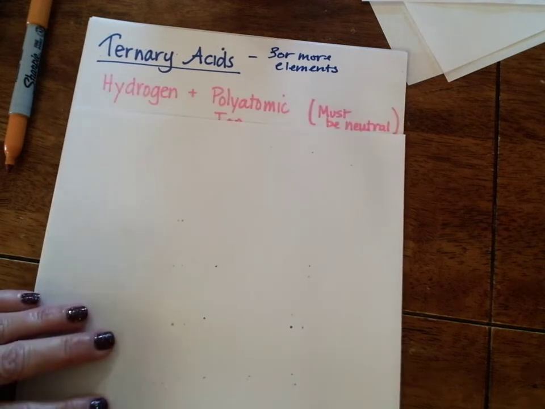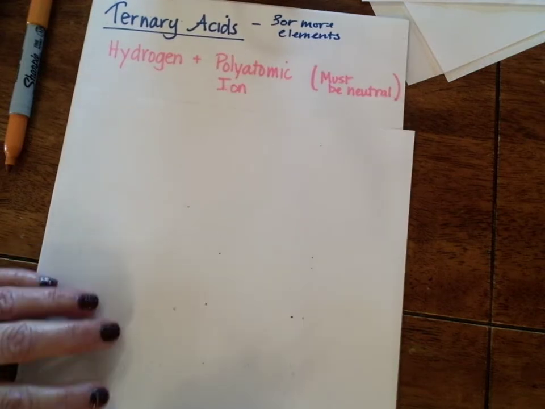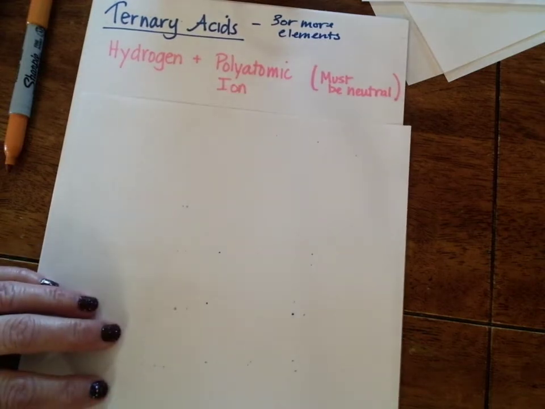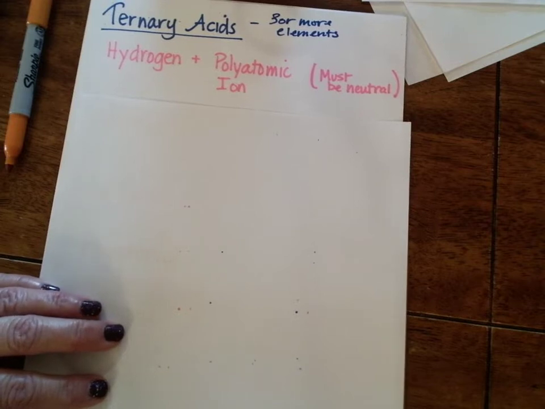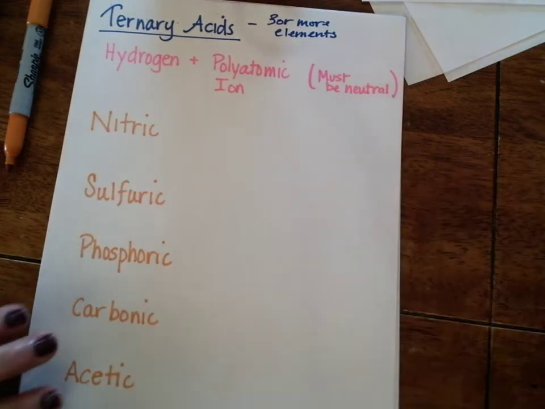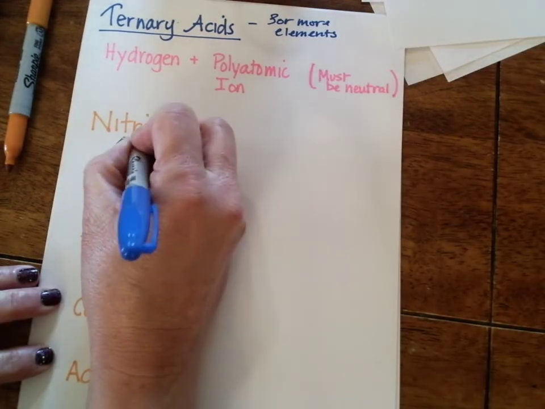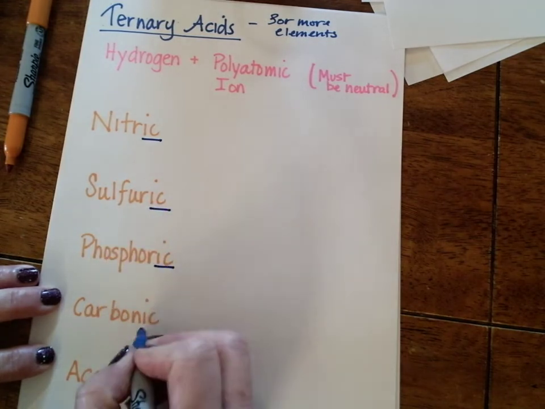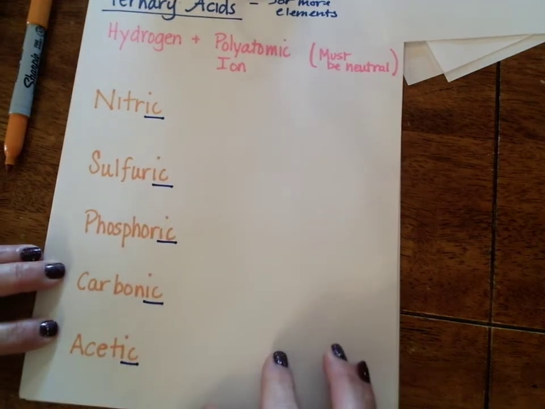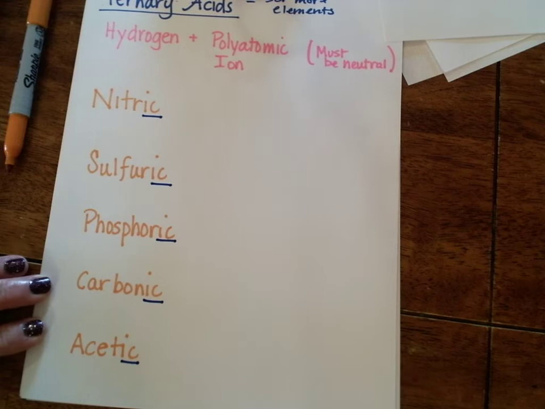It's always hydrogen, and I want you to think of it as some type of polyatomic ion. And again, we have to make a neutral compound. So when I look at these, I've written some of them down for you. Nitric, sulfuric, phosphoric, and carbonic. These all end in an ic. And acetic, I forgot I put that one on there. All end in an ic.